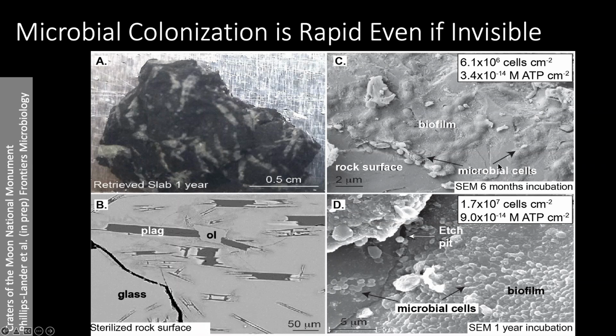And the main difference between 6 months at the top and a year is that you increase the amount of microbial activity as quantified by adenosine triphosphate, or ATP, which is the energy powerhouse of all the cells that we have observed.